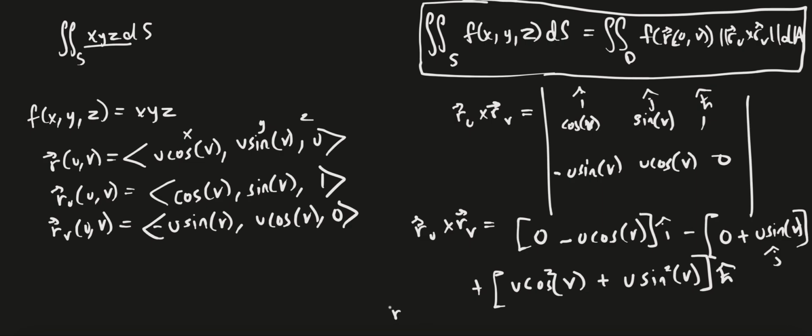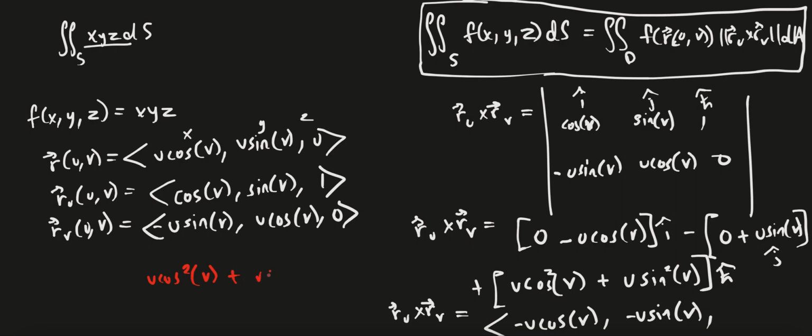That's pretty nice because what this is going to become at the end of the day is negative u cosine v, negative u sine v, and then u cosine squared v plus u sine squared v.